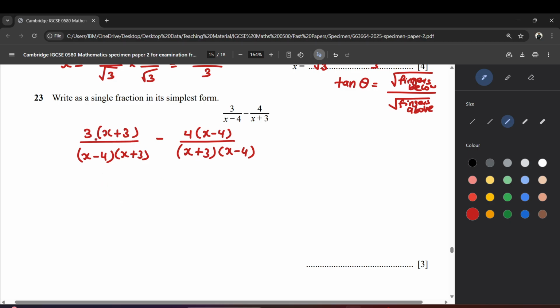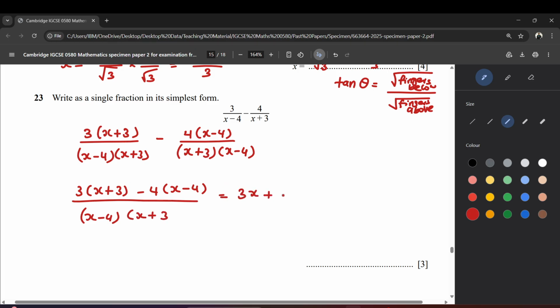Combine them into a single fraction, and at the same time, you can also open up the bracket. Let's just do one step at a time. Divided by x minus 4 times x plus 3. Now this becomes 3x plus 9 minus 4 times x is minus 4x, minus 4 times minus 4 is plus 16, over x minus 4 times x plus 3.